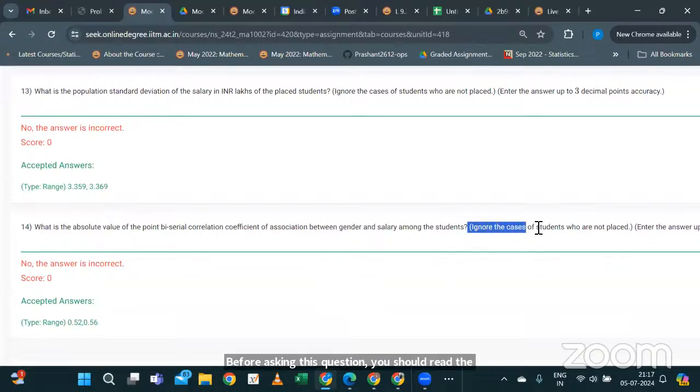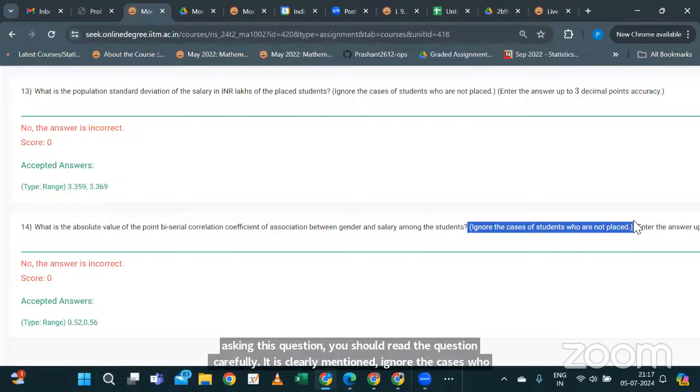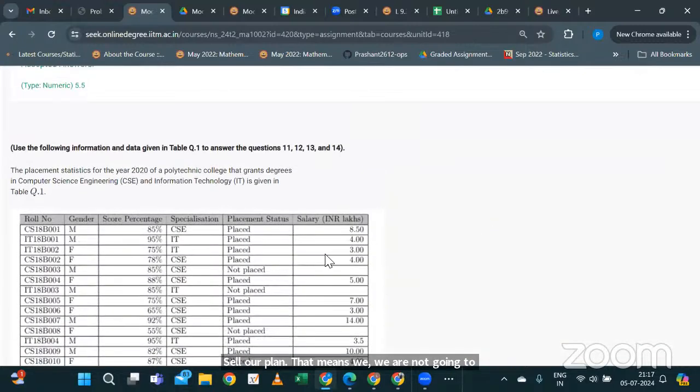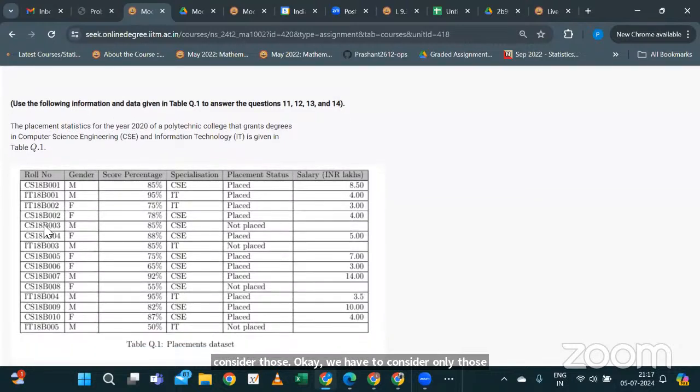It is clearly mentioned: ignore the cases who are not placed. For them the salary cells are blank, so we are not going to consider those students. We consider only the students who are placed, so we ignore, for example, the fifth row and the eighth row.